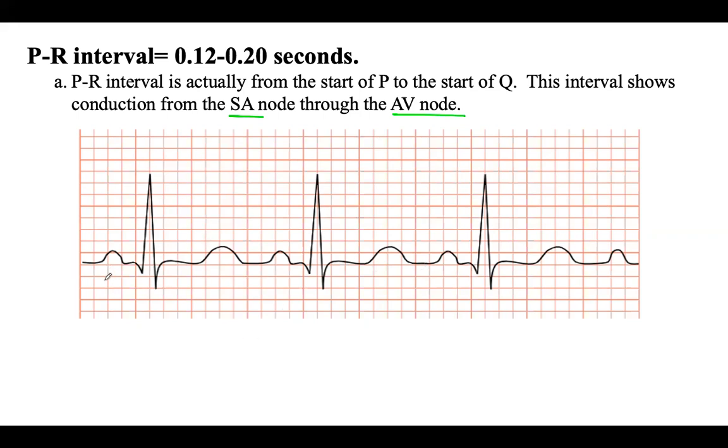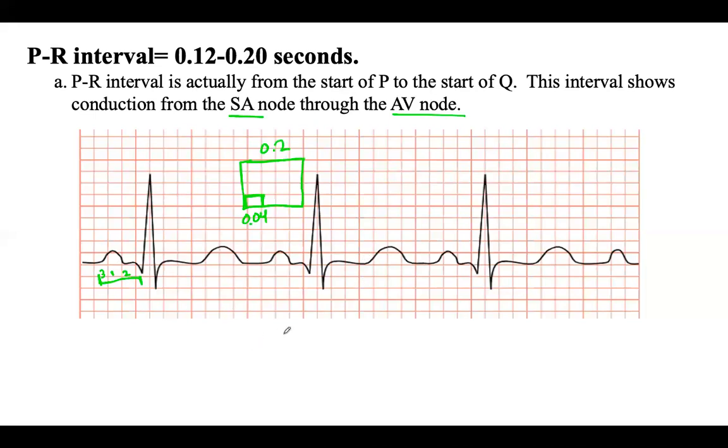So the PR interval in this case starts right here, at the beginning of the P, and goes to the beginning of the QRS complex. As a reminder, this big box is 0.2 seconds, and each of the tiny boxes inside is 0.04 seconds. I have one full box, two full boxes, and then about half a box here and about half a box here, giving me a third box.